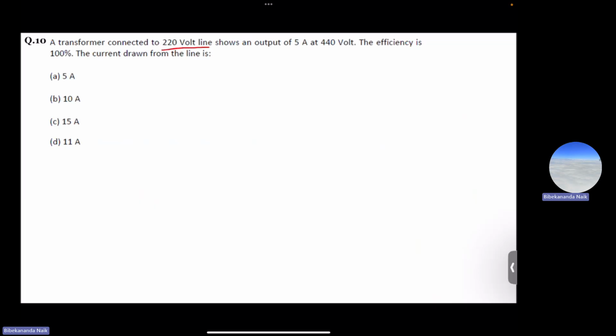The current drawn from the line is: option A 5 ampere, option B 10 ampere, option C 15 ampere, and option D 11 ampere. I'll give you a few minutes to try to solve this question, and then we will discuss the correct answer.